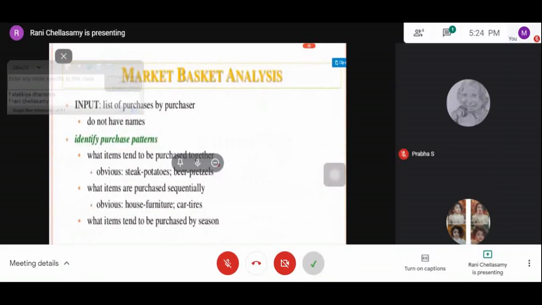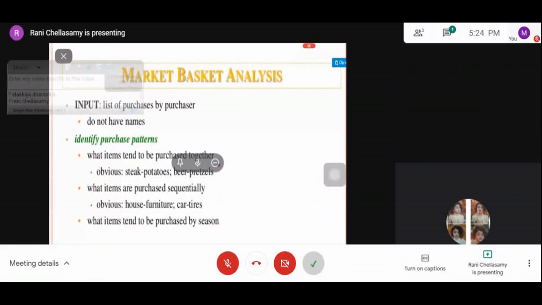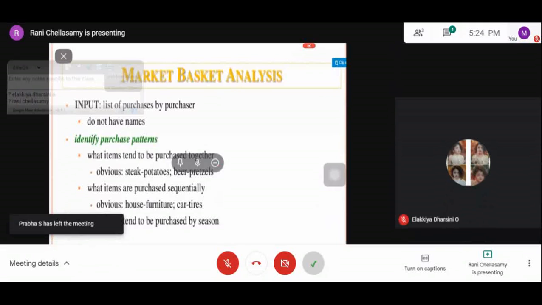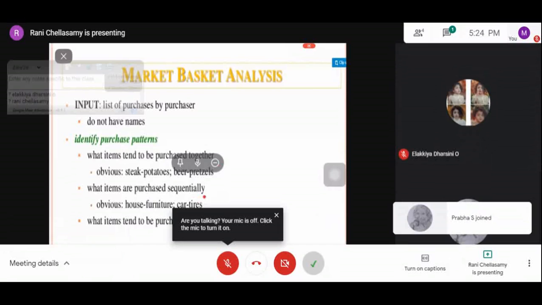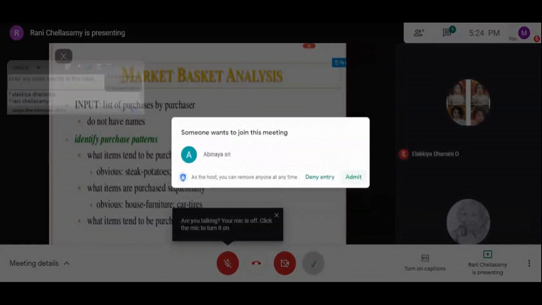For example, if he is buying milk, then he might also buy butter and bread. And what items are purchased sequentially, and what items tend to be purchased seasonally.